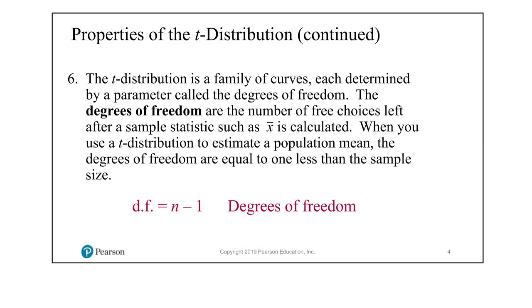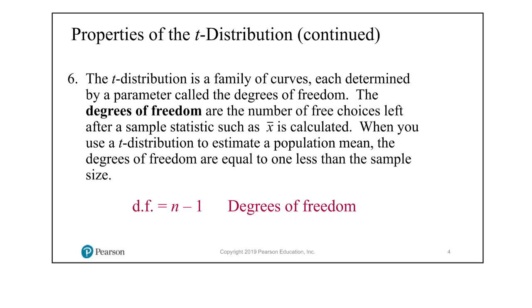All right, what else? When we say the t distribution, we're actually talking about not one specific curve, but a whole family of curves, depending on the degrees of freedom. The degrees of freedom are the number of free choices left after a sample statistic such as x bar is calculated.